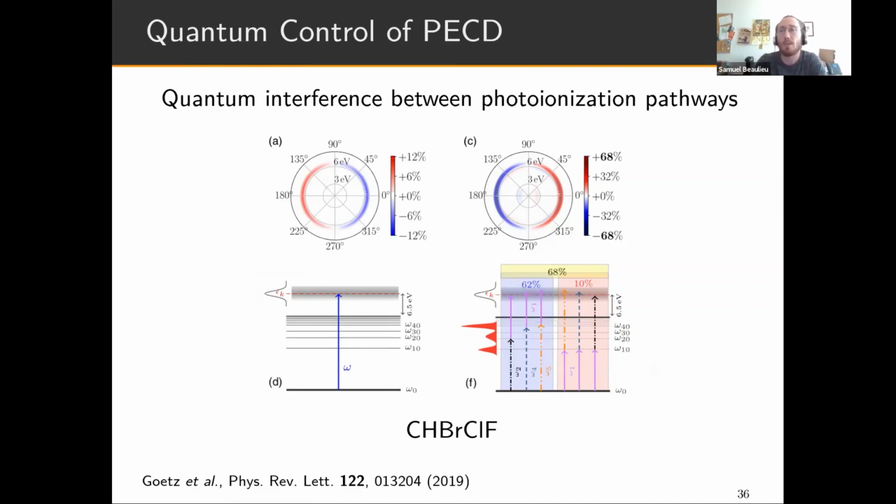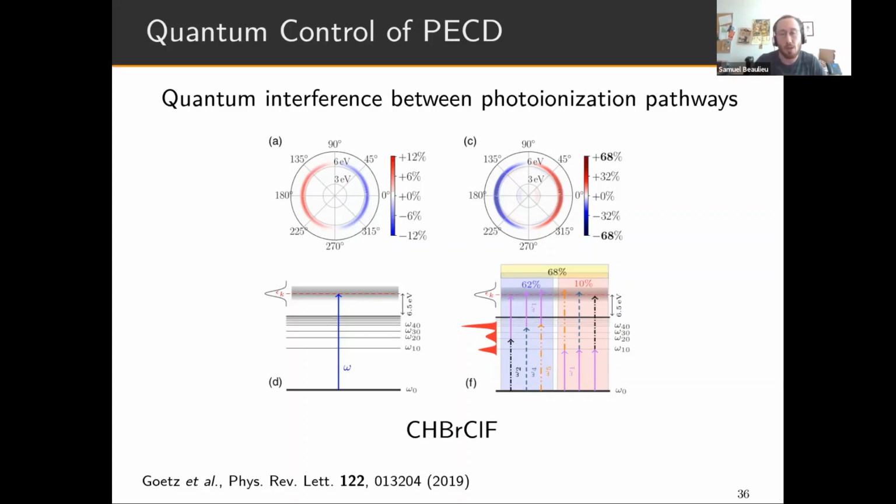And this is the work of the group of Christiane Koch, who theoretically demonstrated that using a finite manifold of 1+1' REMPI pathways, which interfere at the same final photoelectron energy but go through different intermediate Rydberg states, they can shape the pulse and try to optimize the chiral asymmetry in photoionization.